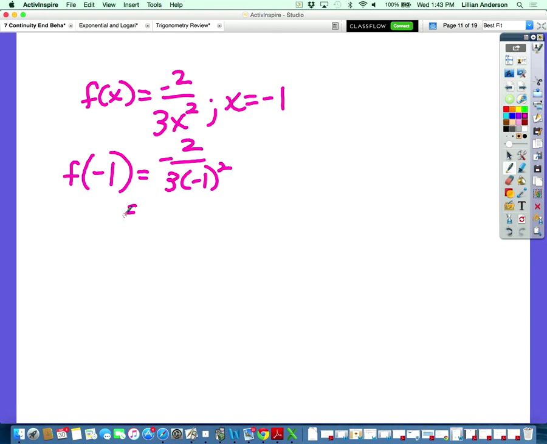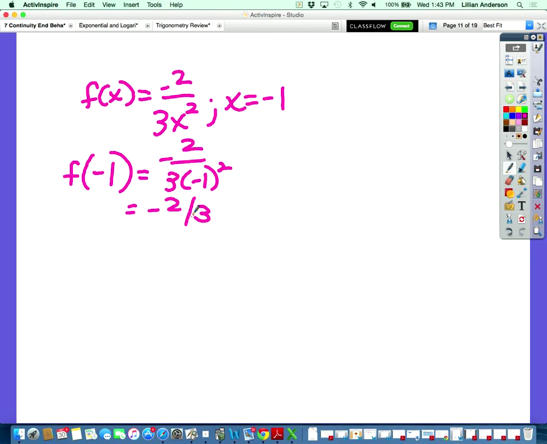When I plug in -1, what do I get? -2. Is that a real number? Does that exist? Yes, it does. So that is indeed true. So far it's continuous.